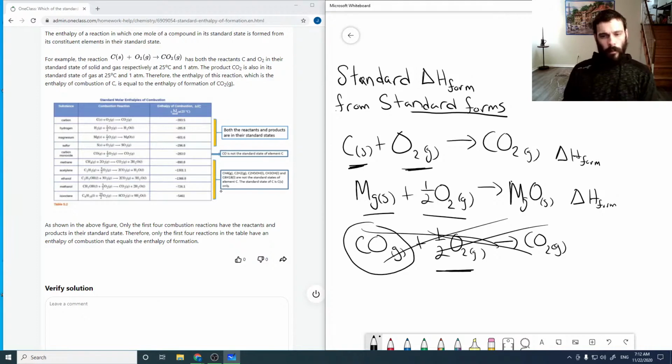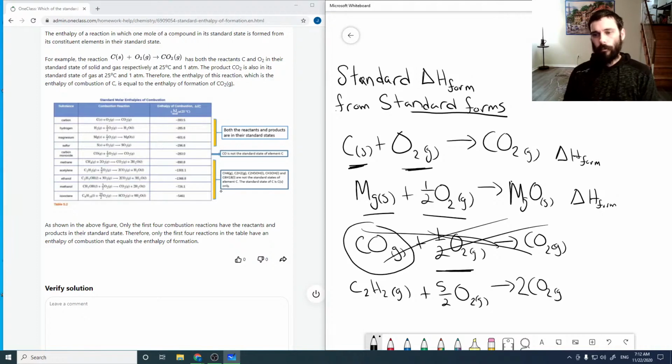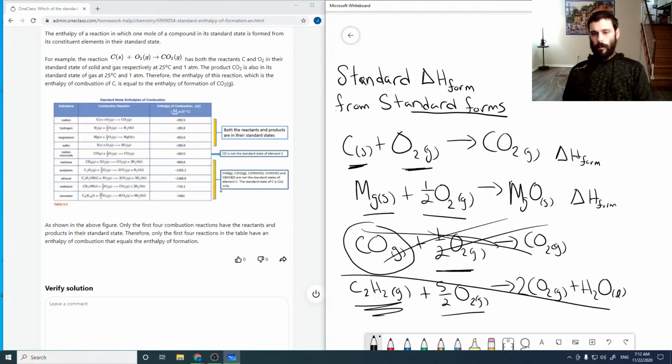Or C2H2 gas plus 5/2 O2 gas goes to 2 CO2 gas plus H2O. And again, oxygen's in its standard form, but this is not the standard form for carbon, so this is not a delta H of formation.